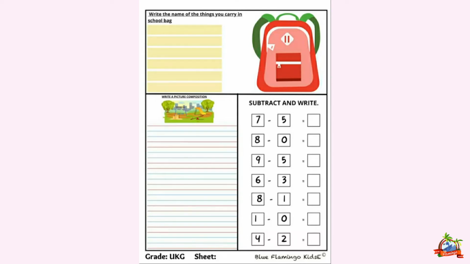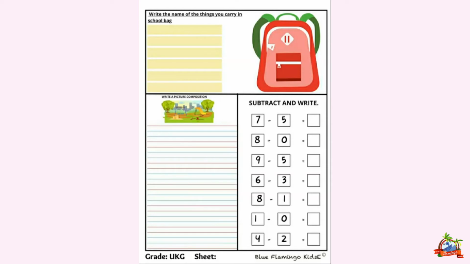Okay, now let us revise A to Z with two words. A for arrow. A for aeroplane. B for ball. B for balloon. C for cat. C for cot.